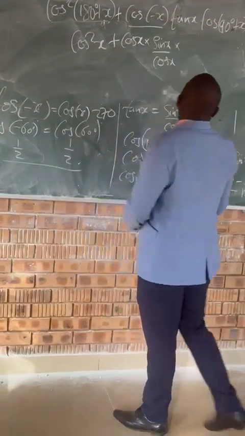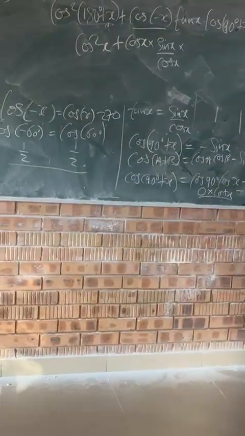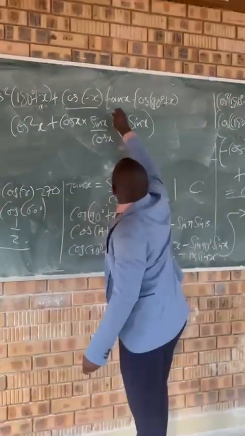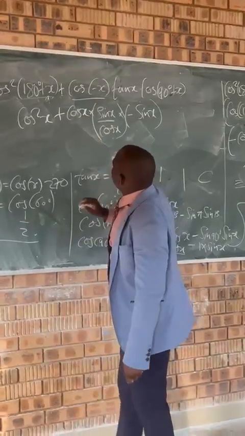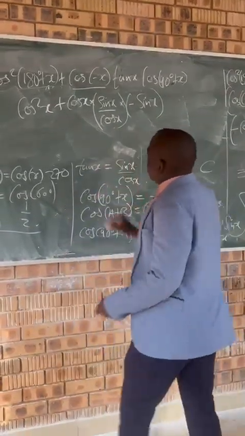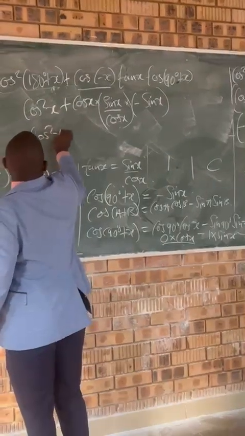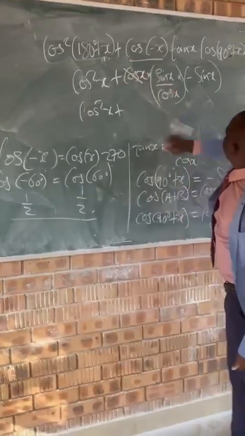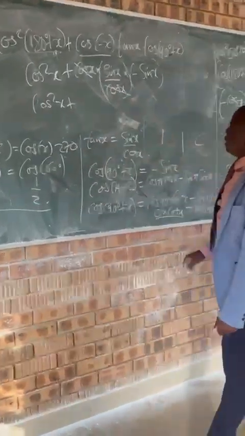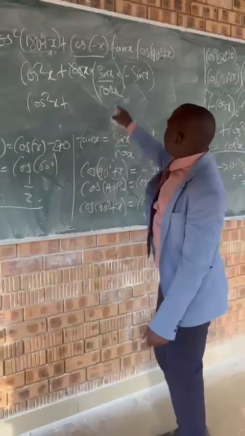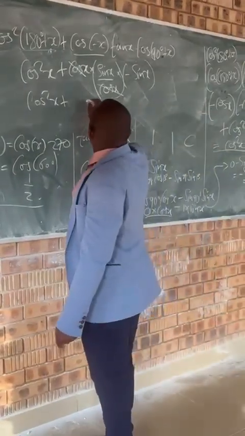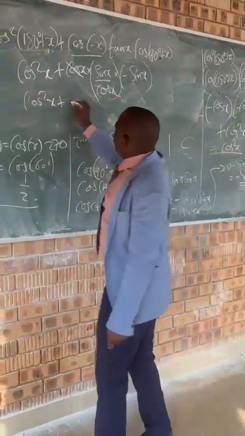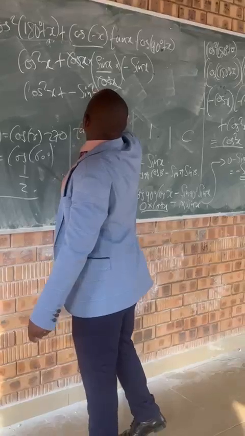Again a multiplication: cos(90 plus x) has been reduced to negative sine x. I advise learners to put brackets here to avoid unnecessary mistakes. Then we have cos squared x plus, and we can divide this cos by this cos. We remain with sine x times negative sine x, which gives negative sine squared x.